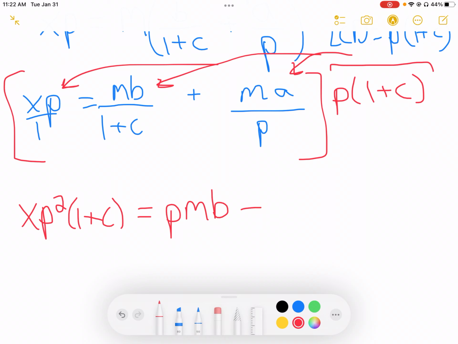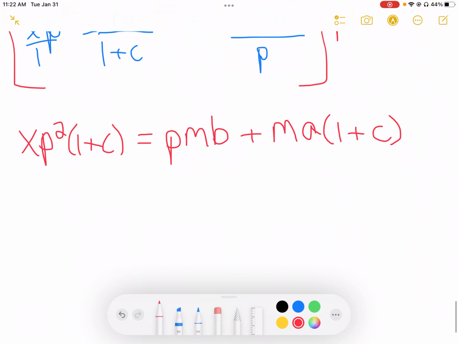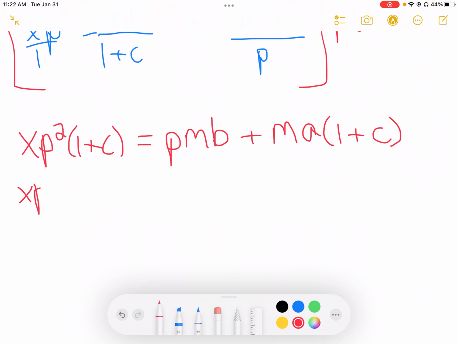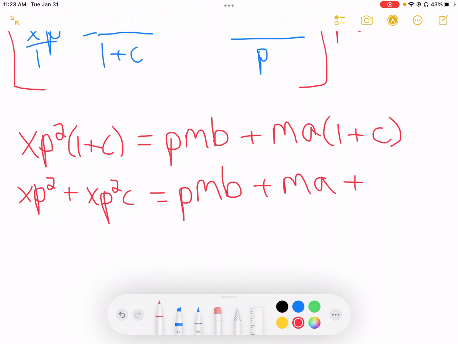And over here, when I multiply, my P's will cancel out, so I'm just going to write this as MA times 1 plus C. Now I'm kind of stuck back in this pattern. I said distribute as needed, so now I'm going to distribute here. I'll say XP squared plus XP squared C equals PMB plus MA plus MAC.